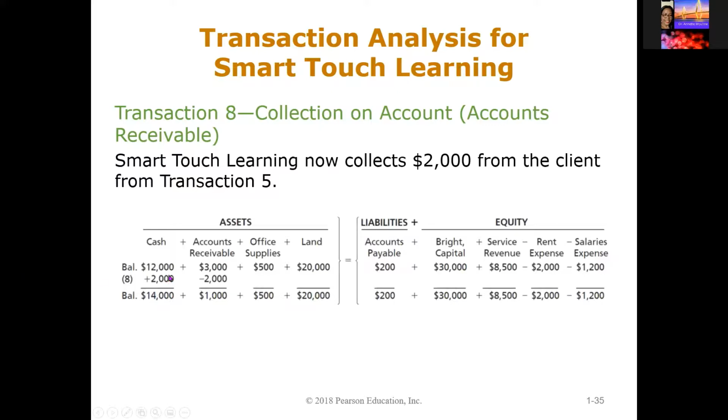Now accounts receivable decreases by $2,000. So you have the cash increase, and then you have the accounts receivable decrease, office supplies, and land. All of this is your assets. And of course, your assets is equal to your liabilities plus equity.